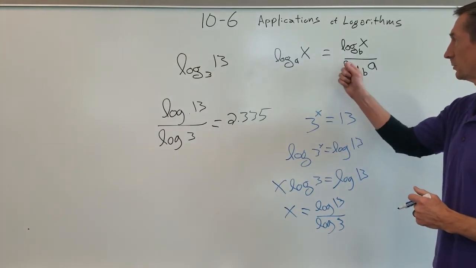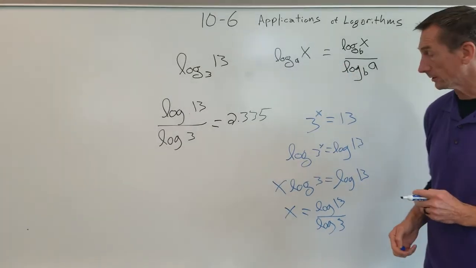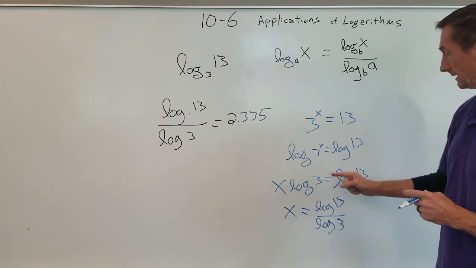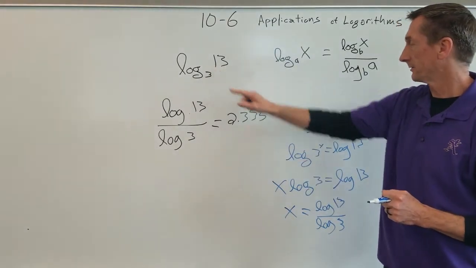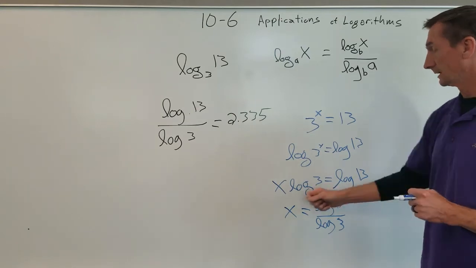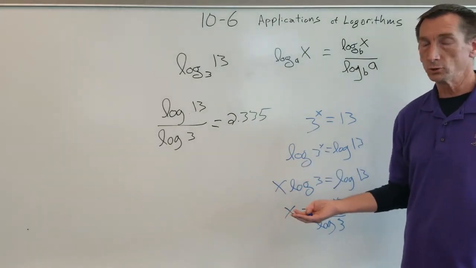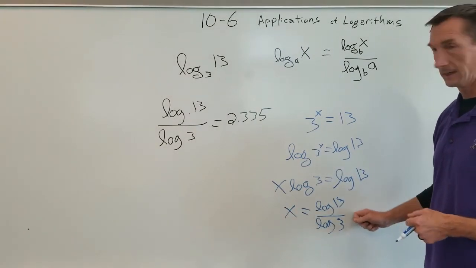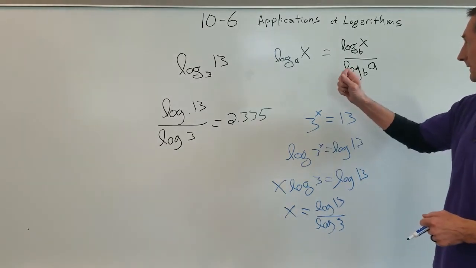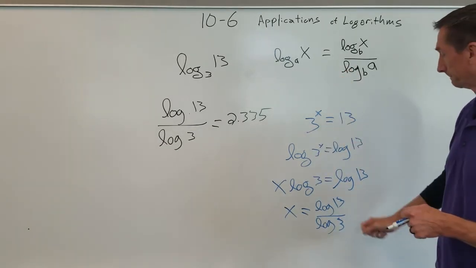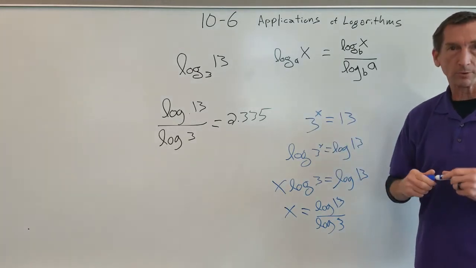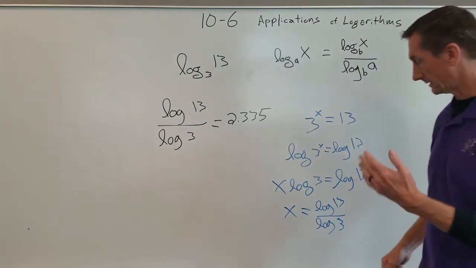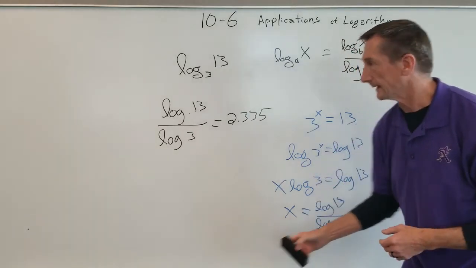That's why the change of base formula works, because with 3 raised to some power equal to 13, taking the log using any base you choose will give you the same answer. Okay? So that's where this formula comes from. So we can keep that in mind. Okay, so let's do a few more problems that you're going to see in your homework today.